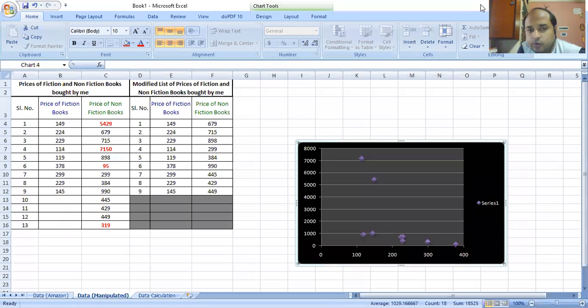So I'm going to give you a task. You have come to know how to use Microsoft Excel to calculate the correlation coefficient and to draw the scatter diagram. Your homework is, you don't have to submit it, take it as fun: select two variables of your choice and try to find the nature of the relationship from your practical experience.